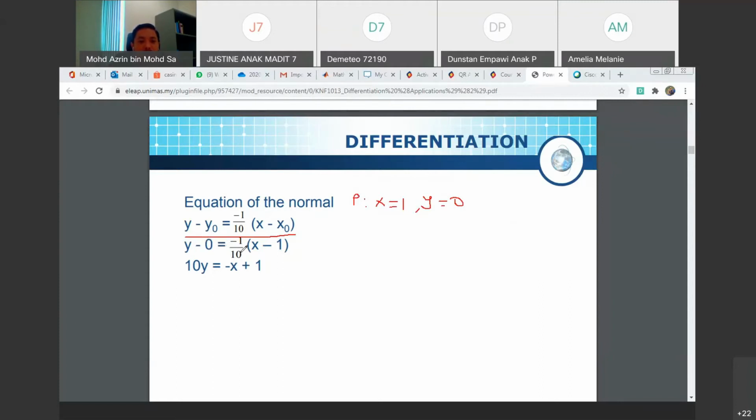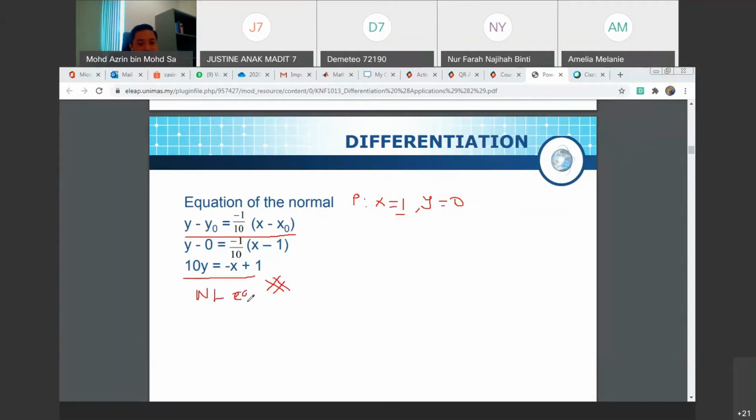Here m, the slope, is the normal slope, which is -1 over 10. x is x, and x1 is 1. Then you arrange back the equation, you will get 10y equal to -x plus 1. Okay, so this is your normal line equation.